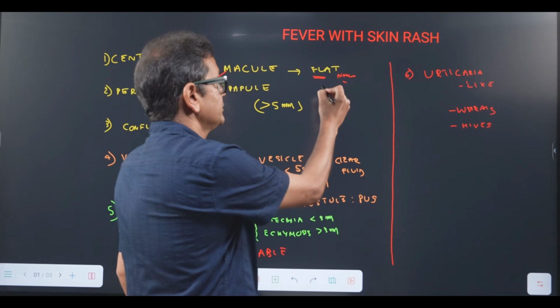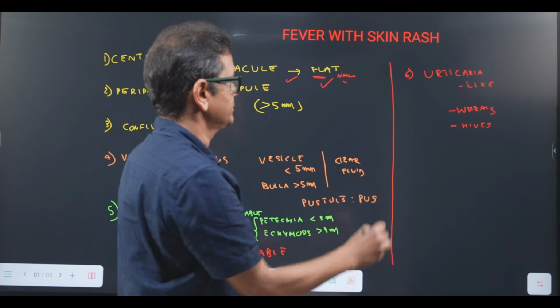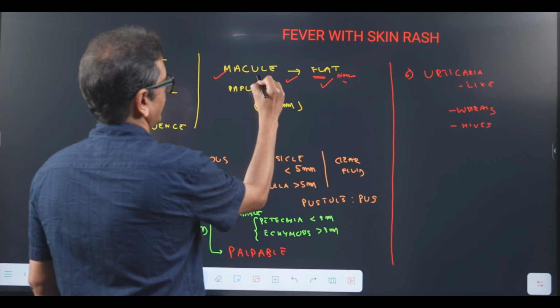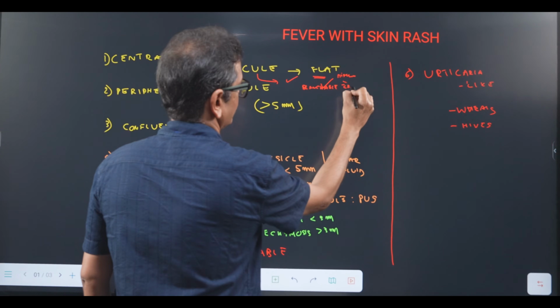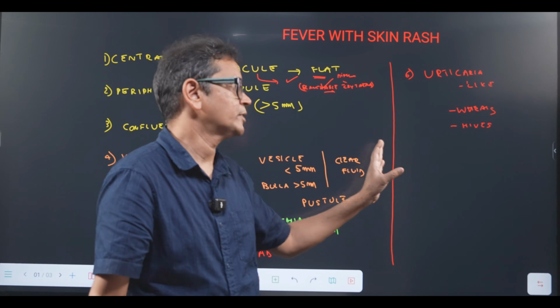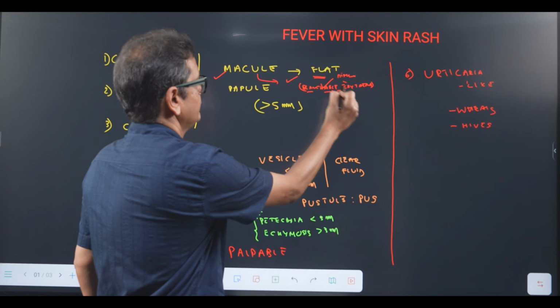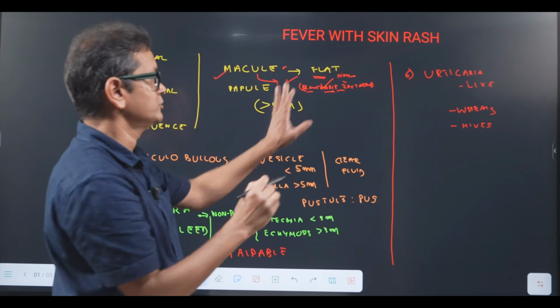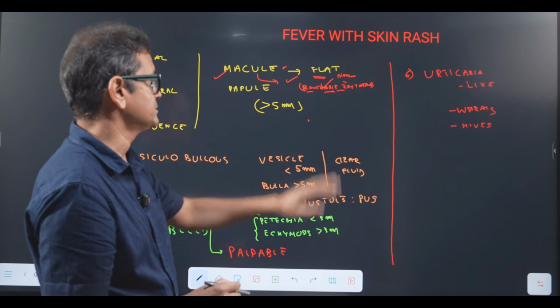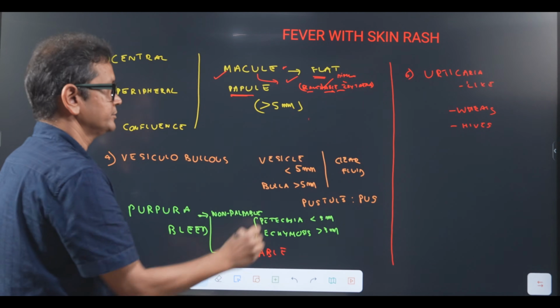So, blanchable flat lesions are called macules of any size. So, a macule is blanchable erythema, that in this diagram you can see. Blanchable erythema is the description of a macule. It should be flat, it can be of any size. Okay. Second one is papule.